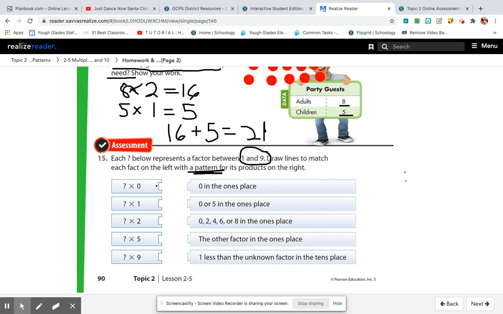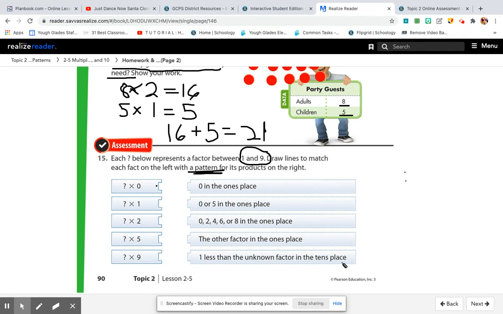Could 0, no, 5, no, not at all. Not for multiples of 0. You won't see a 5. Not this. You wouldn't see a 2, 4, 6, 8 in multiples of 5. The other factor in the ones place? No, you wouldn't take this factor and put it as your product in the ones place.